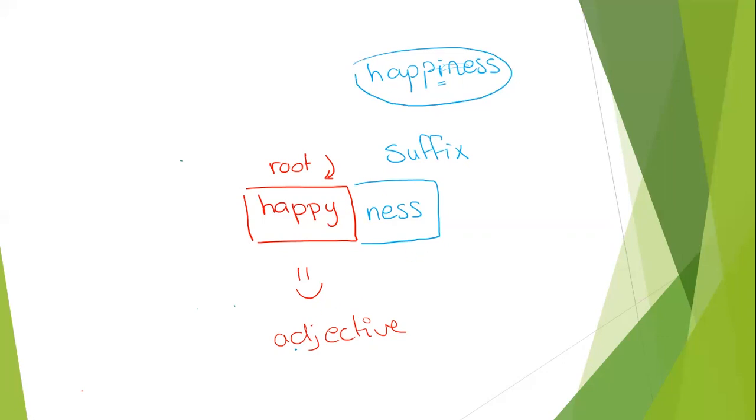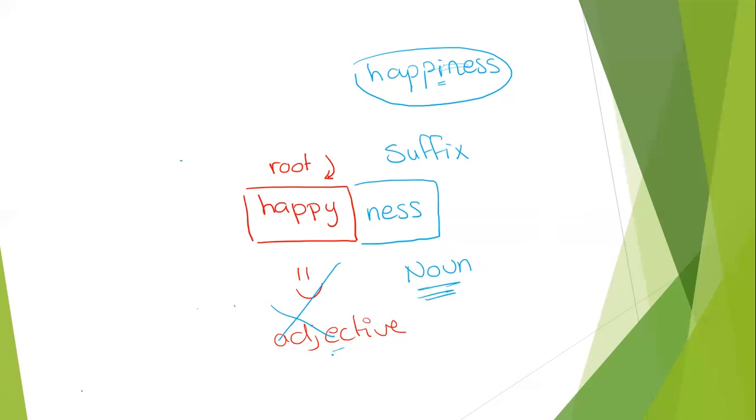Happiness here, is it an adjective? No, it's a noun. طيب, what is the meaning of the word happiness? Yes, the state of being happy, يعني السعادة. يبقى the word has changed not the meaning, but also the structure.